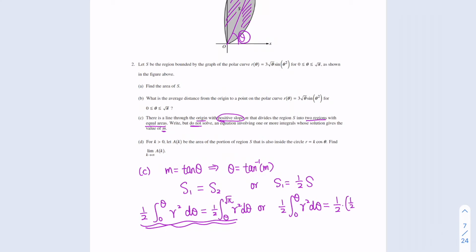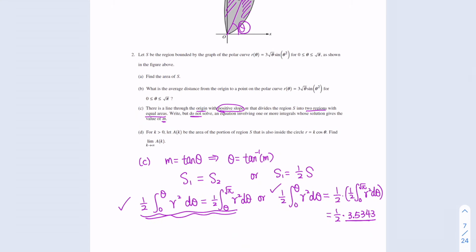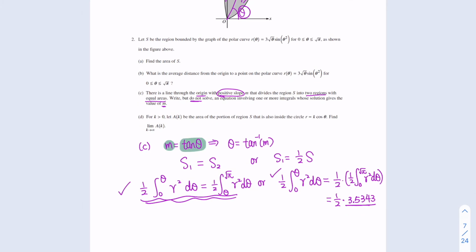I'm going to just copy this down: integral to radical pi of r squared d theta, and this is 1/2 of 3.5343, half of the total area. So either one will work. The confusing part is you have to relate the slope to the angle of the line. So this is part C. Let's have a look at part D together.